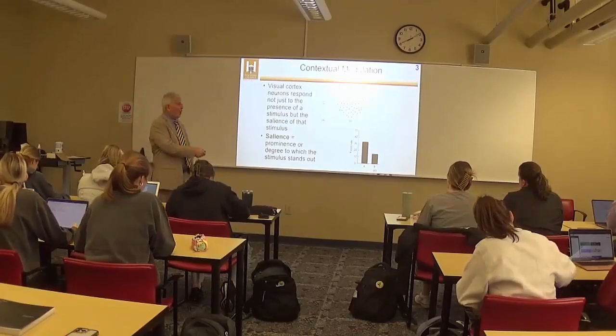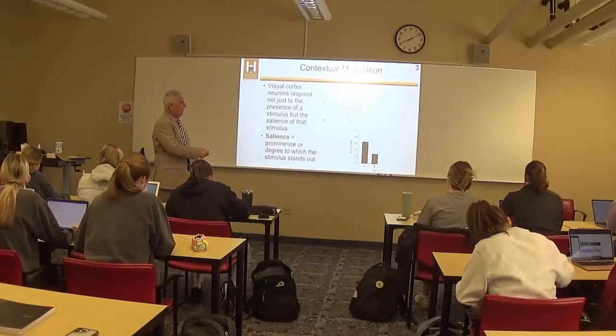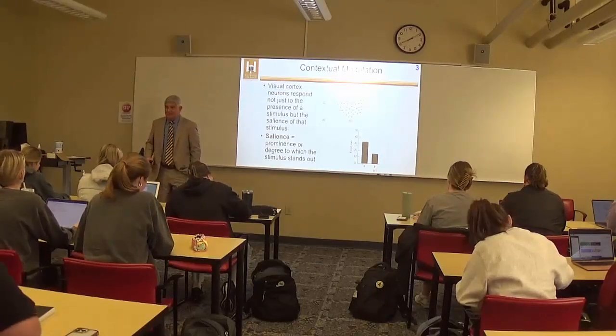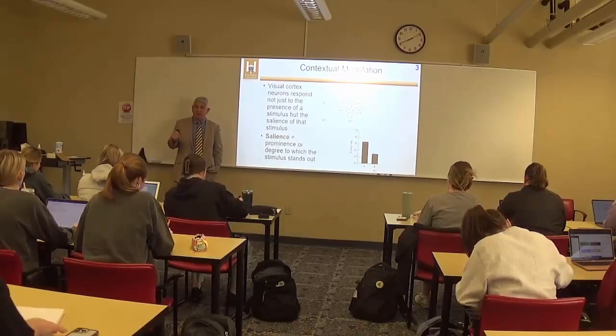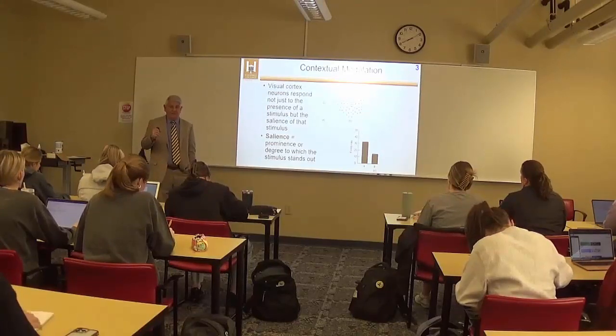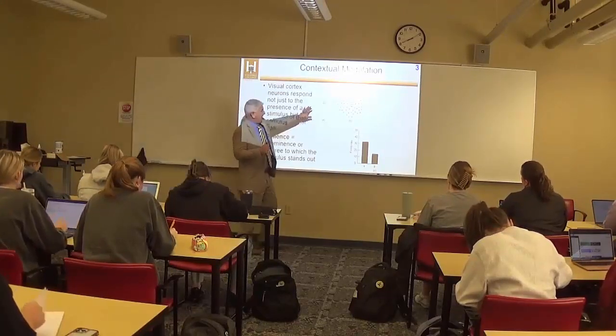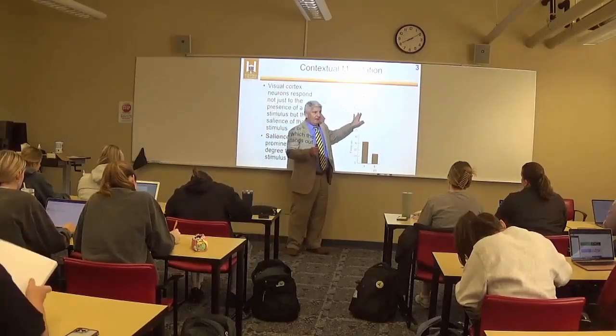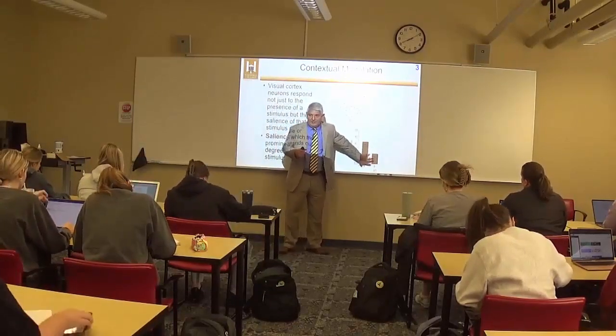So why is it harder to pick this out of a crowd? Well, its firing rate went down in V1. It's not as salient, it's not as prominent because of the context that it's now in. Here it's very salient, nothing else is competing with it. Here we have a bunch of other stuff competing, and those competing factors drive down the action potentials.